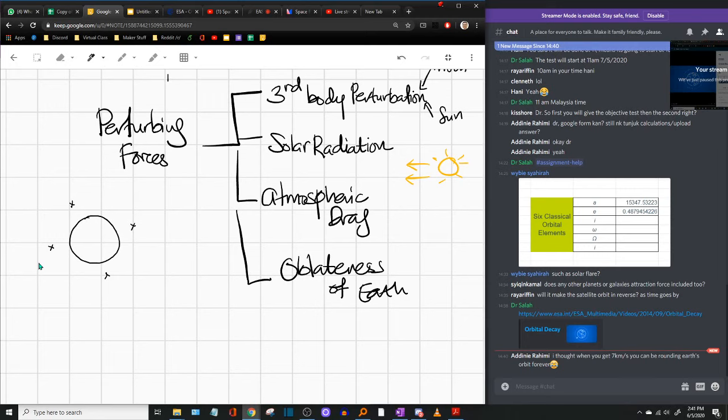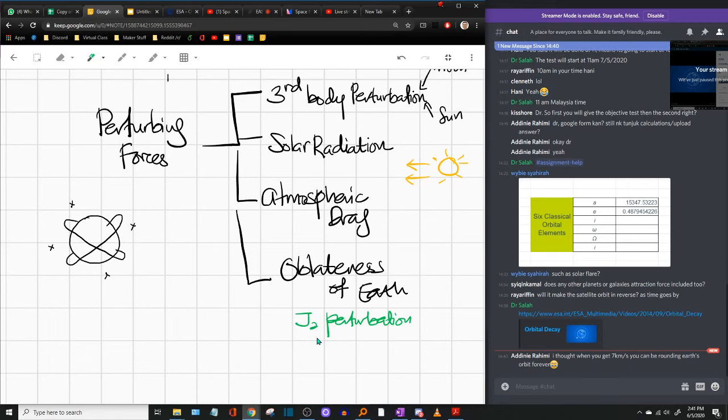This non-uniformness will provide a perturbation, and it's very significant. We call this the J2 perturbation. We will learn about this J2 perturbation.